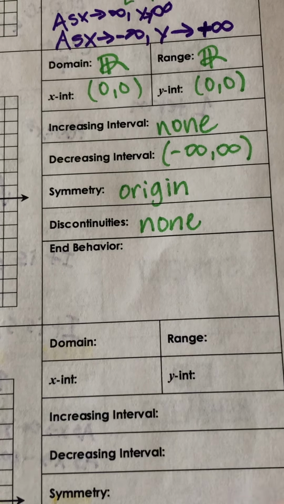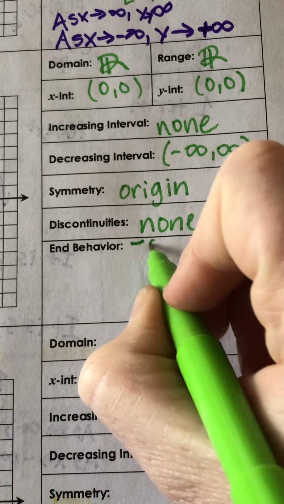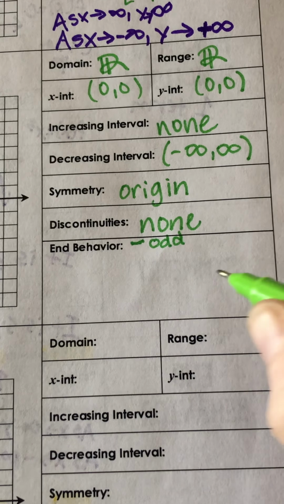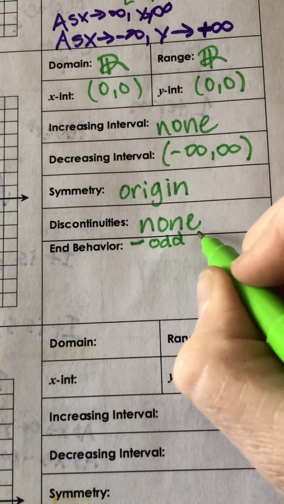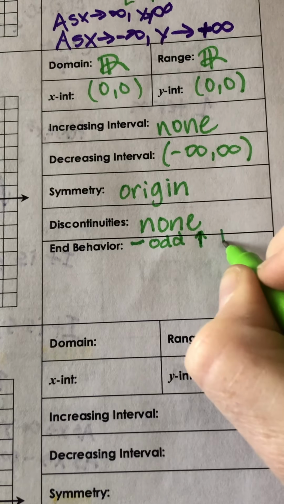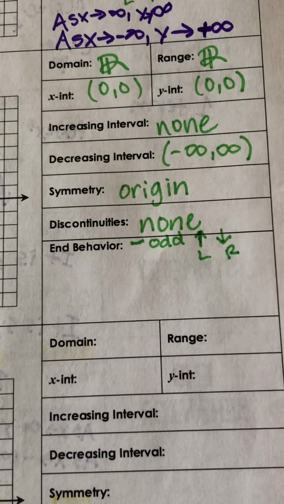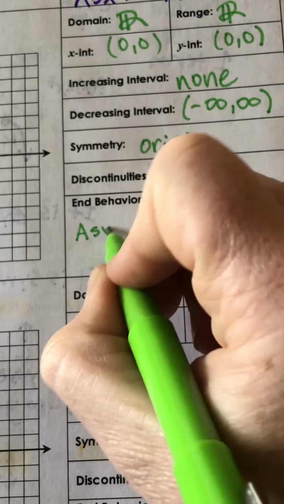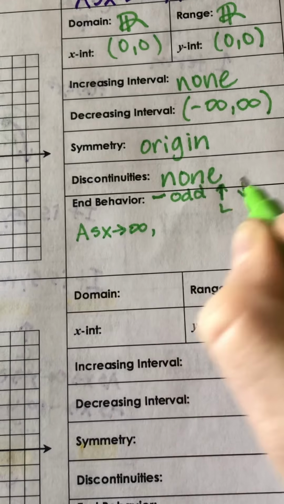All right, and so in behavior, we have a negative coefficient and an odd. So that would be the opposite of a positive odd, obviously. So it's going to be pointing up on the left and pointing down on the right. Okay, so as x approaches infinity, that's my right side.